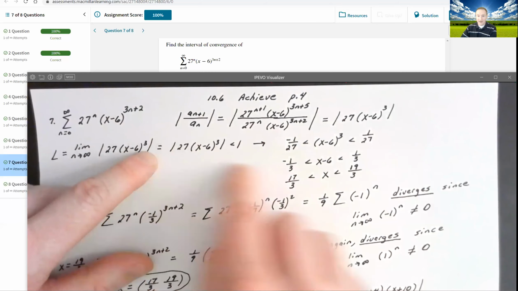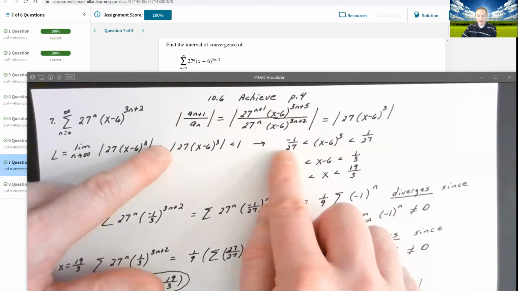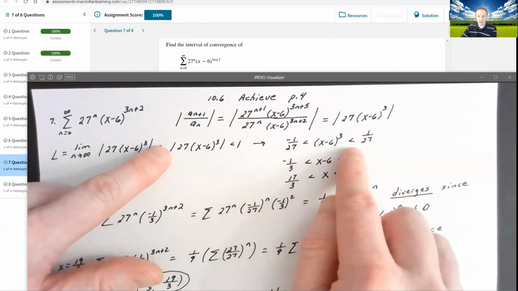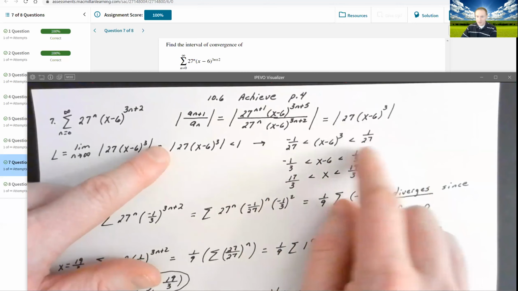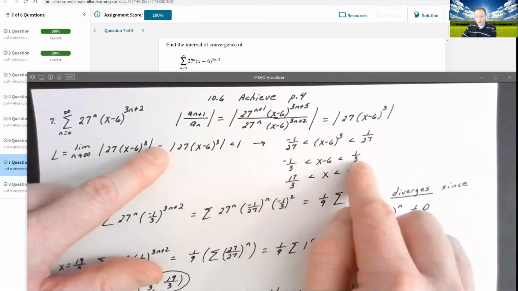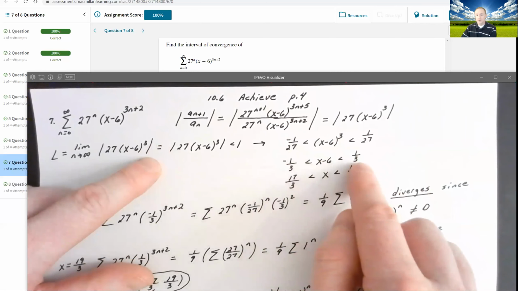I went ahead and divided by 27 on all 3 parts of that inequality to get -1/27 less than x minus 6 cubed less than 1/27. Now, I took the cube root of all 3 parts of our inequality, gave me -1/3 is less than x minus 6, which is less than +1/3.